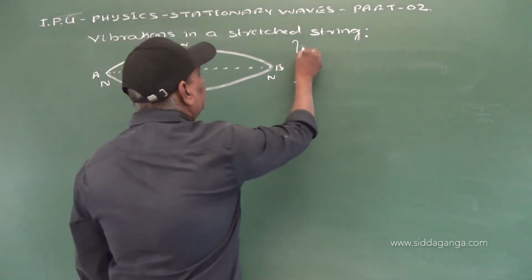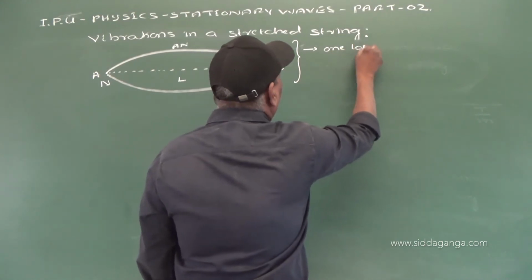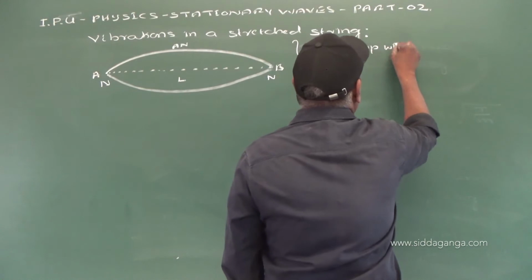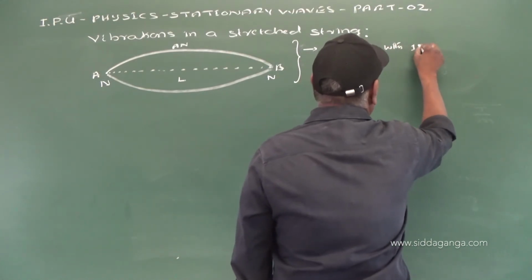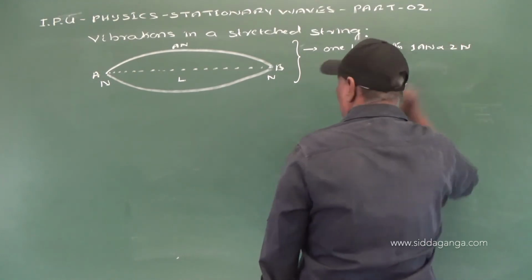So here this is vibrating with one loop, with one antinode and two nodes.